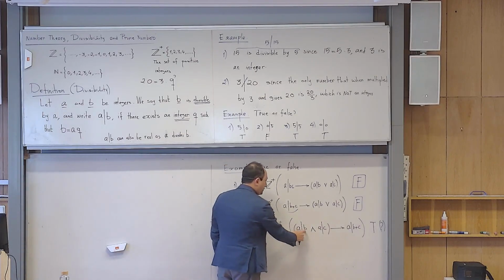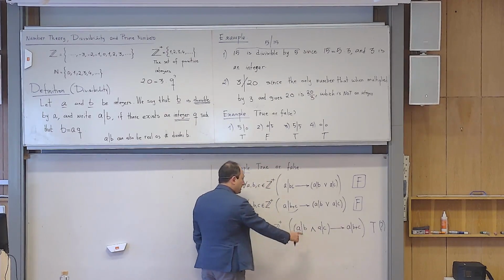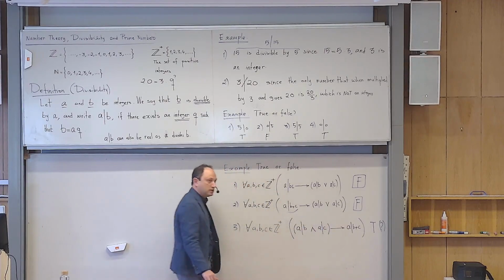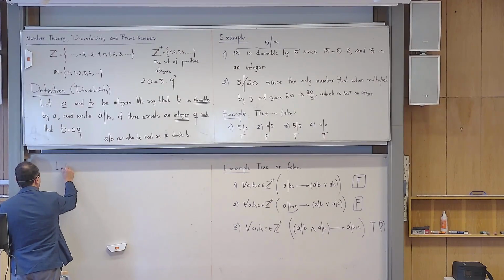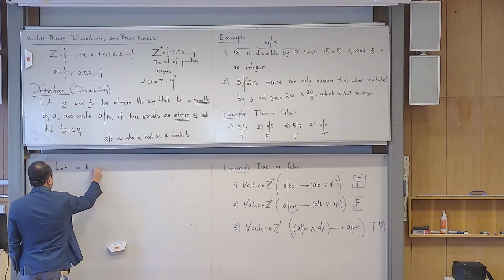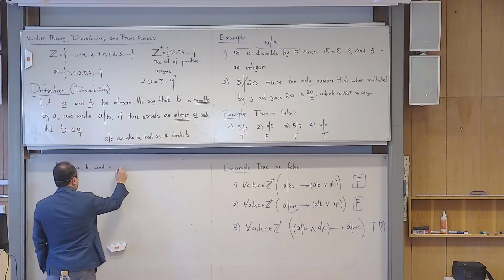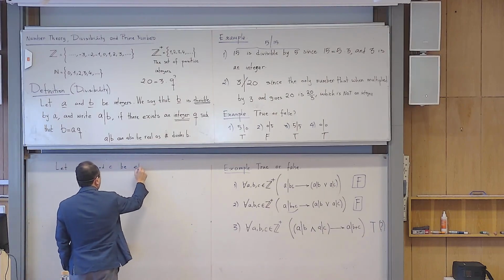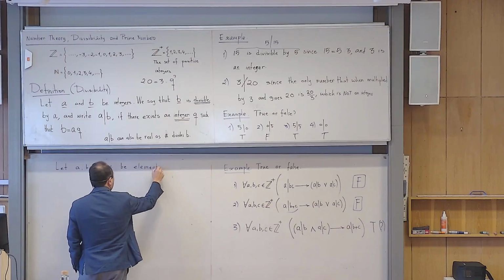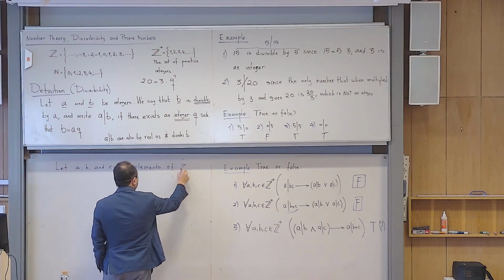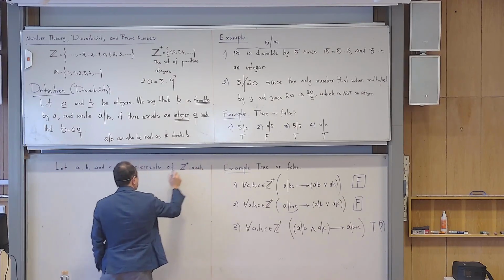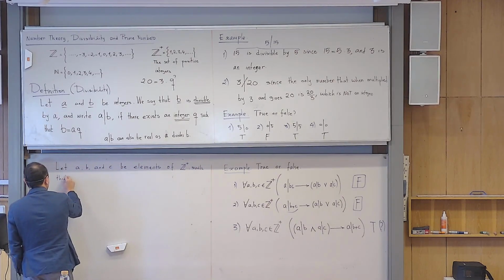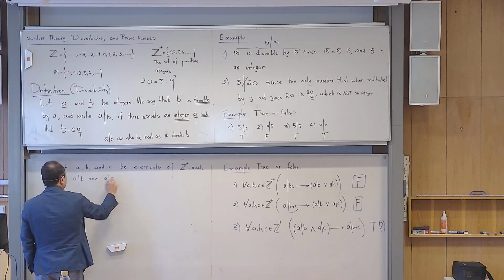I know that I have three numbers A, B, and C, so that A divides B, A divides C. So I would say let A, B, and C be elements of Z plus, such that A divides B and A divides C.